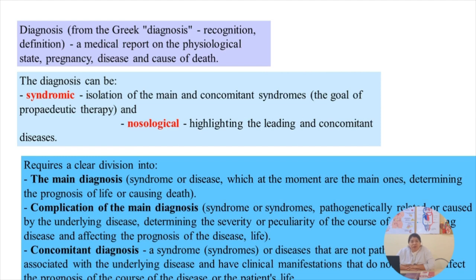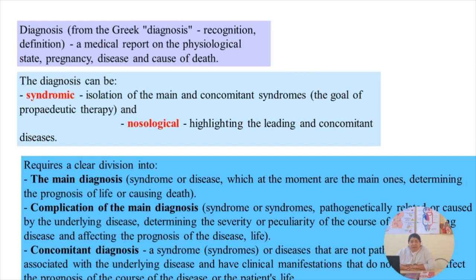What is diagnosis? From Greek, diagnosis is translated as a medical report on the pathological state, disease, and cause of death. There are two types of diagnosis: syndromic diagnosis and nosological diagnosis. Syndromic diagnosis is the isolation of the main and concomitant symptoms.